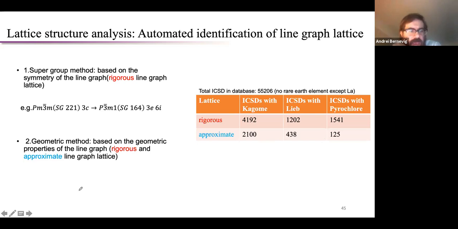And that method, you can look at it in two ways. You can find a supergroup method, which is what was asked before, which is based on symmetry, basically symmetry of graphs.